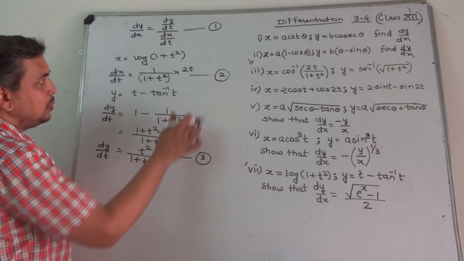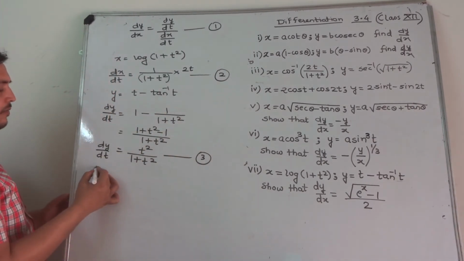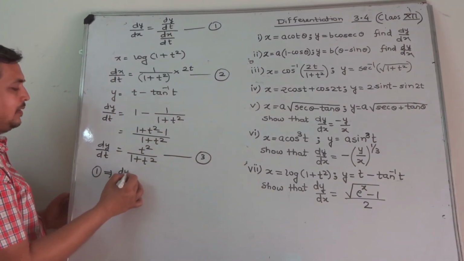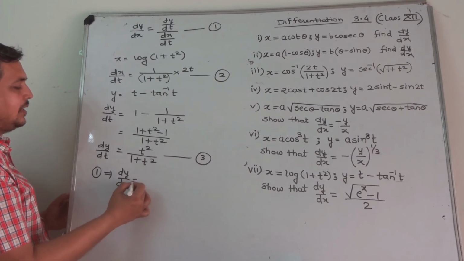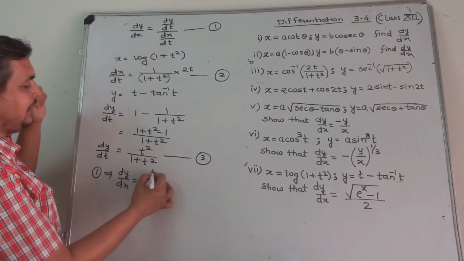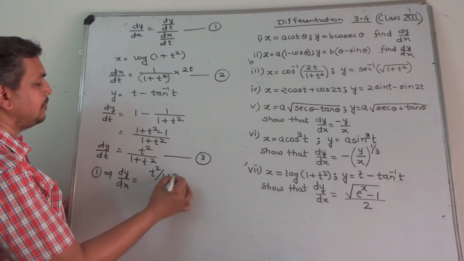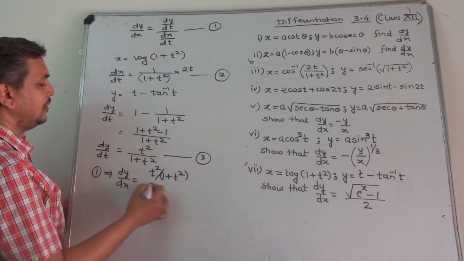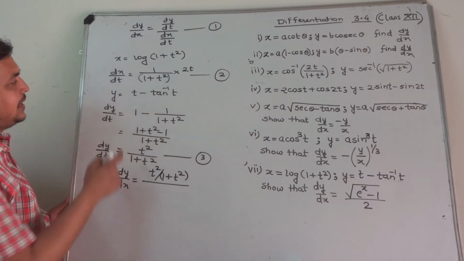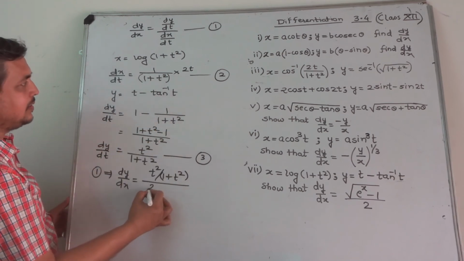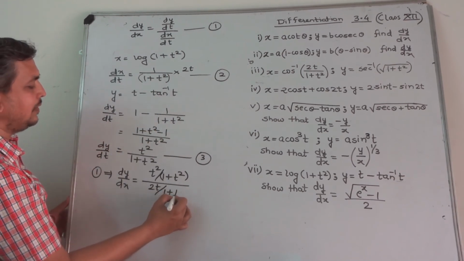Now using this 2 and 3 in 1, dy by dx is equal to, what is dy by dt? It is t square upon 1 plus t square, whole upon, what is dx by dt? It is 2t upon 1 plus t square.